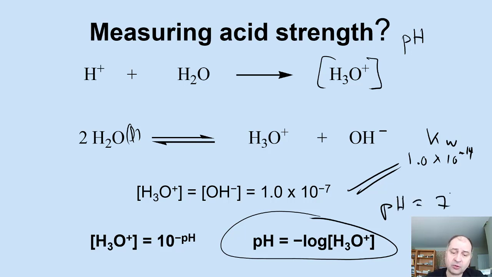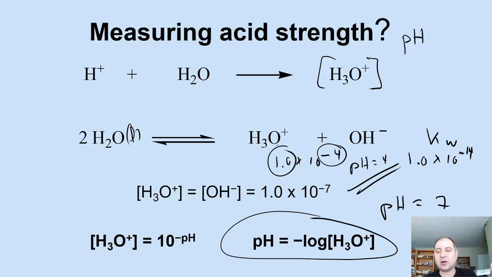And then if you had a hydronium ion concentration of 1.0 times 10 to the minus 4, the pH would be equal to 4. So that also gives you the ballpark. And of course, if this number is not exactly 1, then you're not going to have that relationship, but you can still estimate the pH.